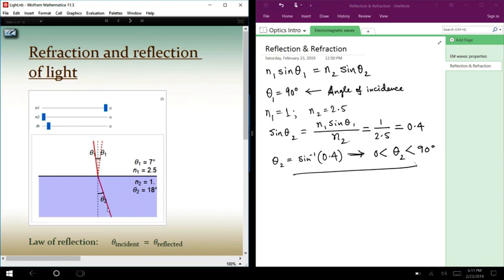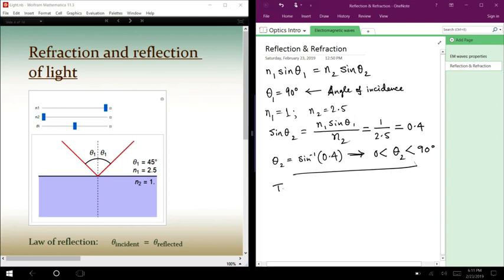So this is the normal. The ray of light moved away from the normal as it entered the second medium. And then if I keep increasing theta, there is a point where there is no longer a refracted ray, okay? And this particular situation where there is no longer a refracted ray is known as total internal reflection.